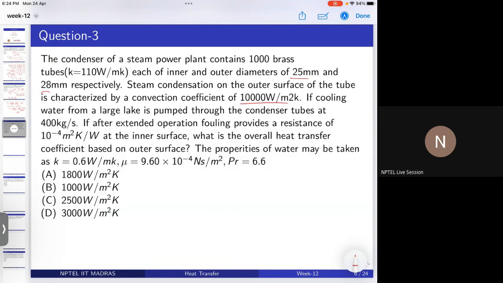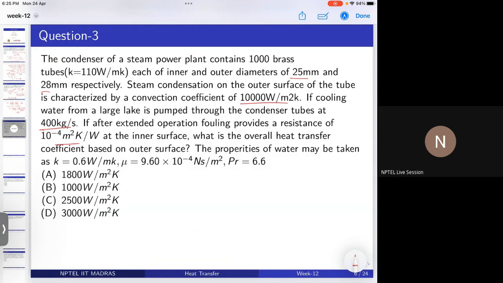If cooling water from a lake is pumped through the condenser tubes at 400 kilogram per second, and after extended operation a given fouling resistance develops at the inner surface, what is the overall heat transfer coefficient based on the outer surface area? That is the question.